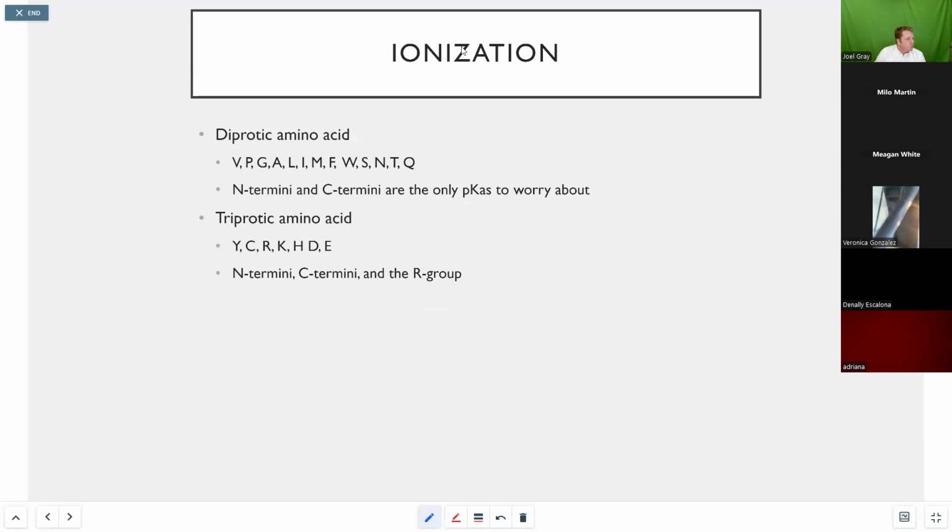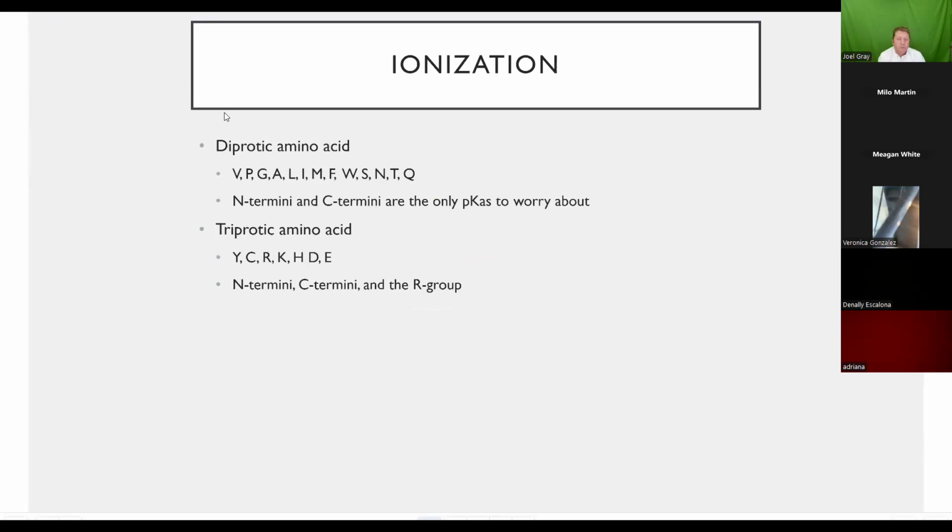Now, when it comes to calculating and looking at an isoelectric point, there are a bunch of amino acids where it's very easy to understand their ionization and understand how to calculate their isoelectric point. Now we group those as our diprotic amino acids. I have up here the single letter codes for all of our diprotic amino acids.